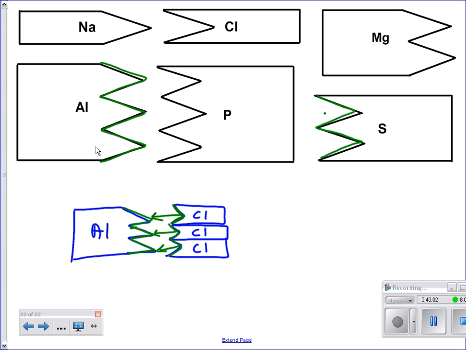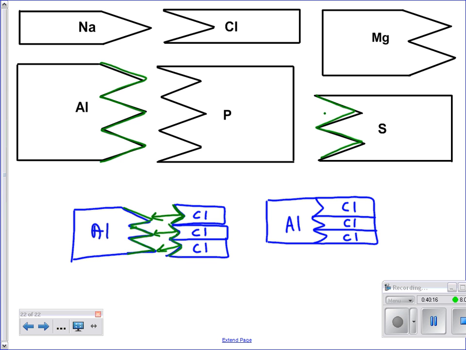So when you're done with this, it should look like this, to show that they fit together. And once they fit together, you can realize that now that aluminum has given 3 of them, it's 1 aluminum for every 3 chlorines to make an ionic bond for all of them.